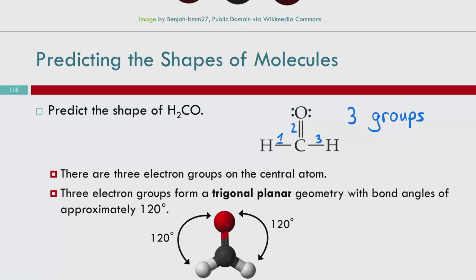We've got 3 groups. And we have this fun word, trigonal, the tri at the front meaning 3, and I believe that gonal ending means points. And planar means that it's flat.